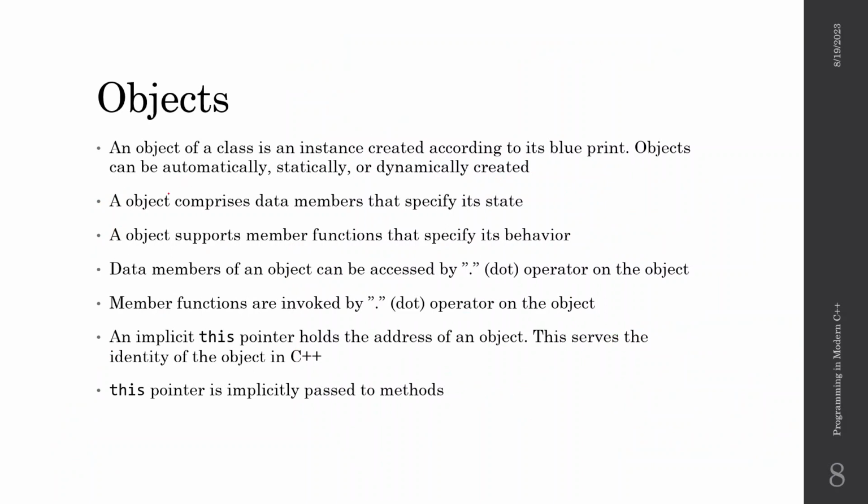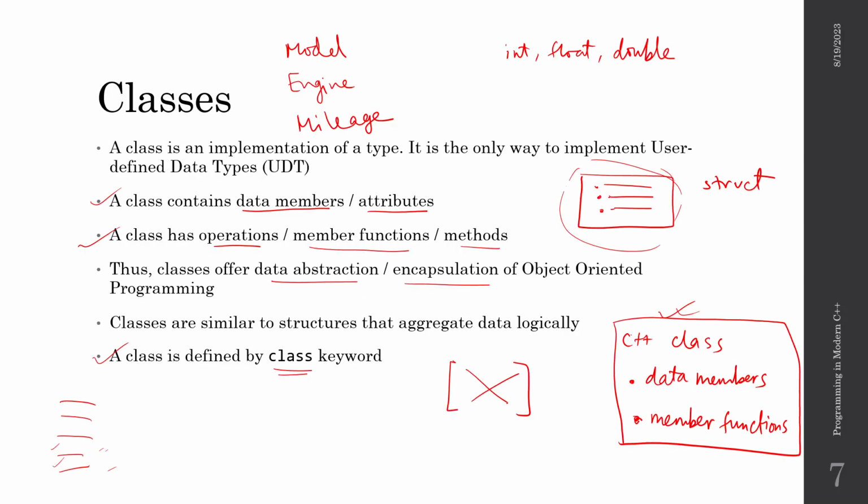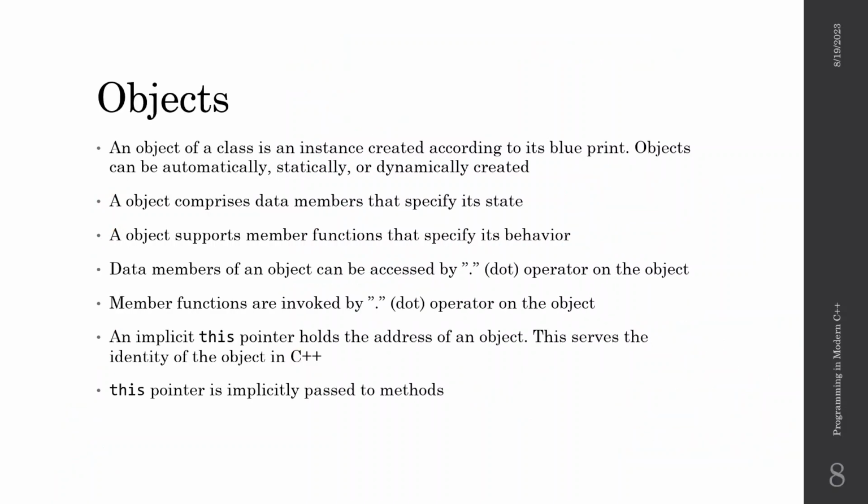Now we come to objects. What is an object? In a C++ class we have data members and member functions, but the class that we write is like a template.